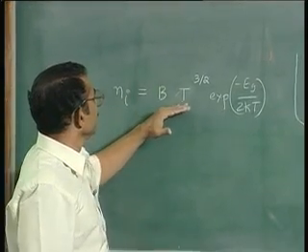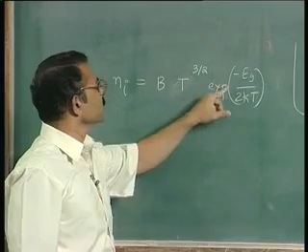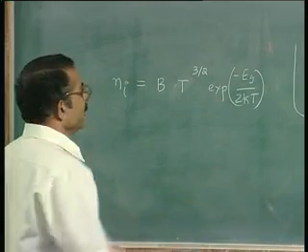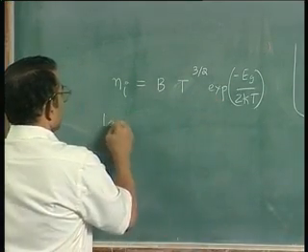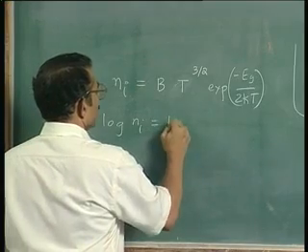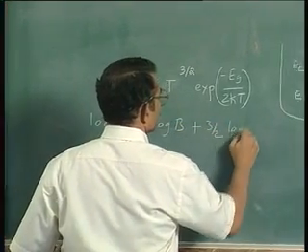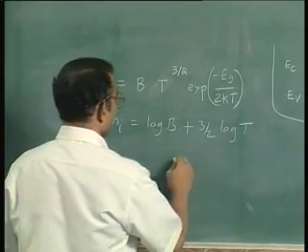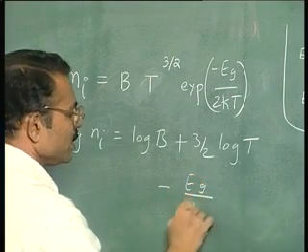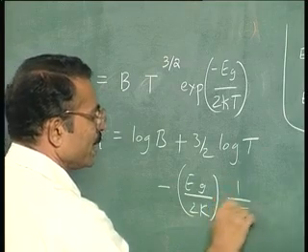Ni is given by B into T power 3 by 2 into exponential minus Eg by 2kT. So log of Ni is equal to log of B plus 3 by 2 log T minus Eg by 2k times 1 by T.